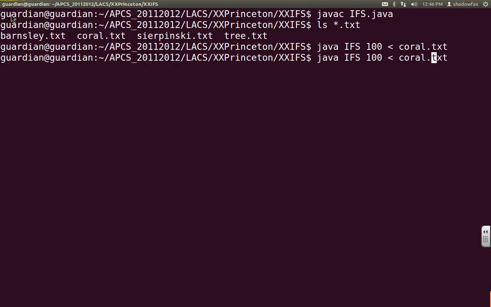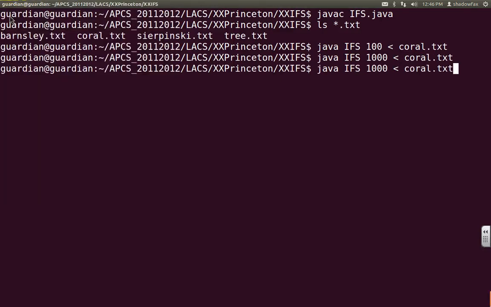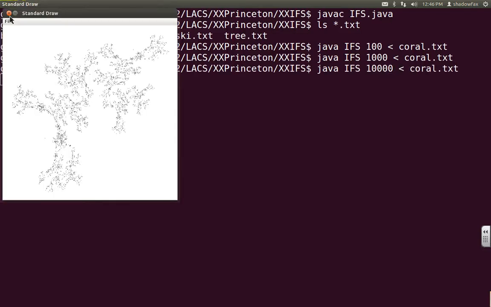Let's try 1,000. There you go. It gets more and more interesting as you iterate. How about 10,000? You can look up all this stuff on Wikipedia: Sierpinski triangles, Koch snowflakes, iterated function systems, dragon curves, fun stuff.